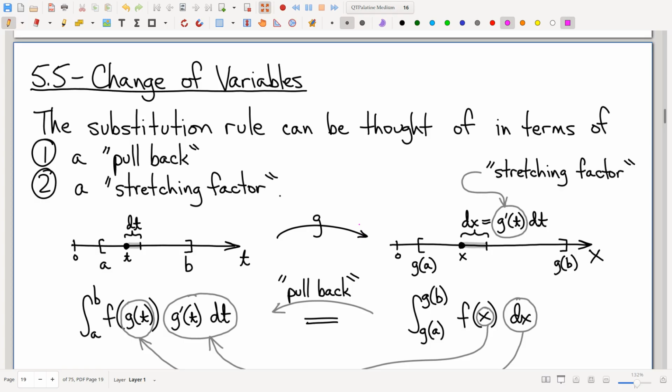So we're going to talk about the substitution rule. When you do a substitution, you've got a substitution function, for example here we have x being g of t. This formula for x as a function of t is the basis for how you do your substitution.